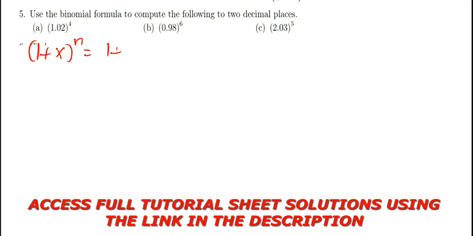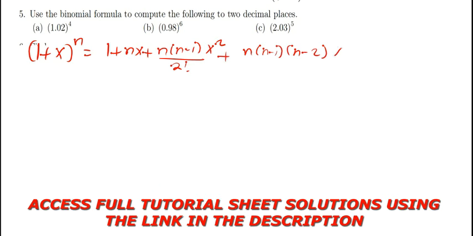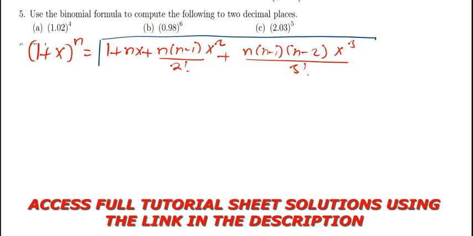This is 1 plus nx plus n(n minus 1) x squared divided by 2 factorial, plus n(n minus 1)(n minus 2) x to the power 3 divided by 3 factorial. This formula is very simple. So when you write this formula, just the formula alone, they will give you a mark.